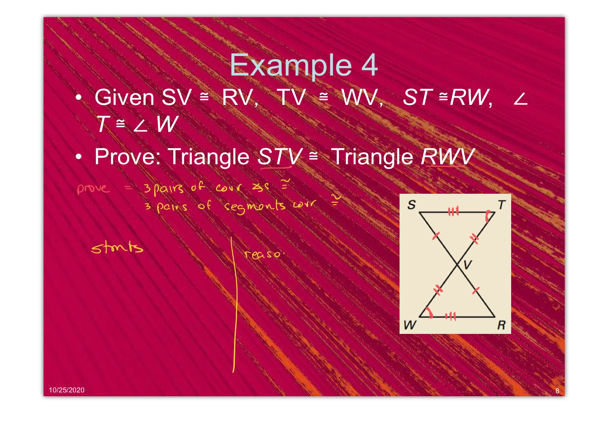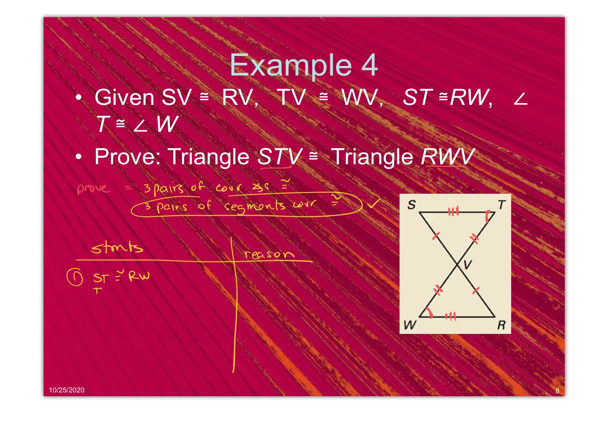And if you notice, they sort of gave us 4 of these already in the givens. Notice in the given, we have the 3 sides being congruent and corresponding to each other. I'll show you. ST is congruent to RW.